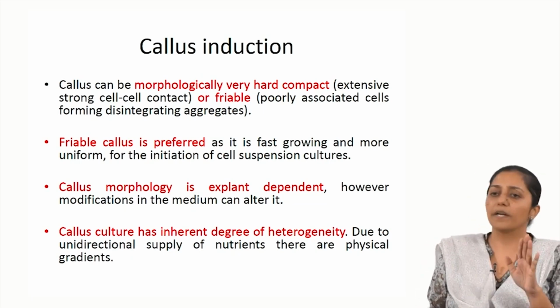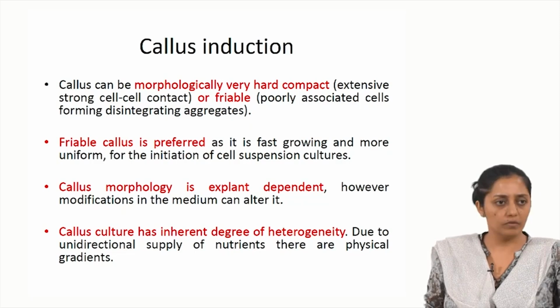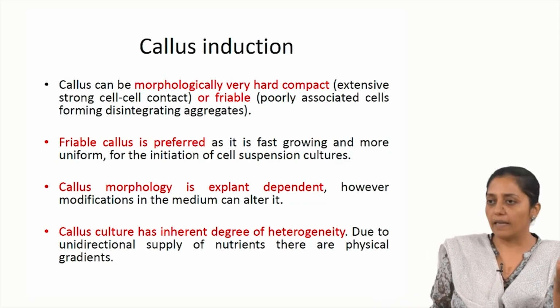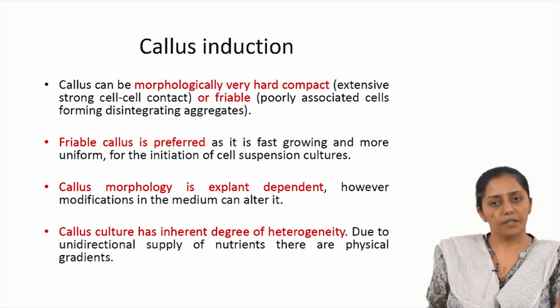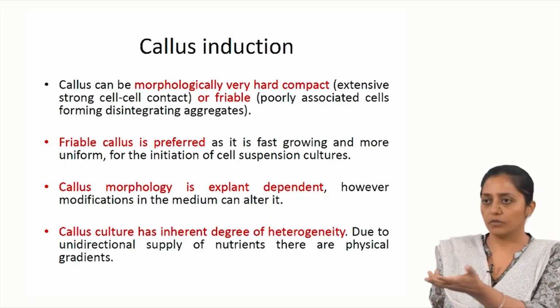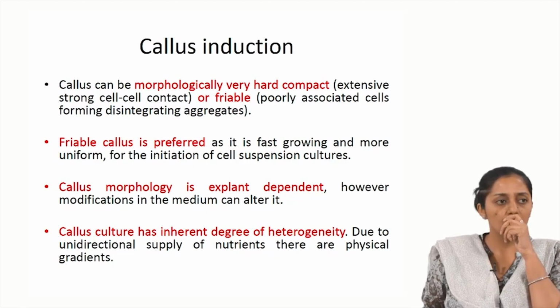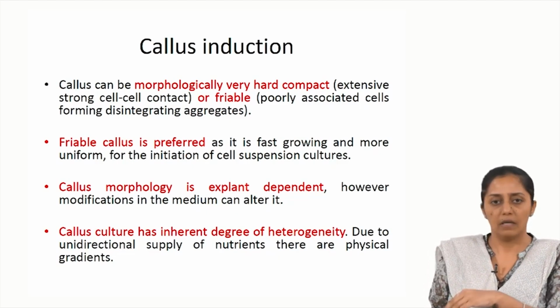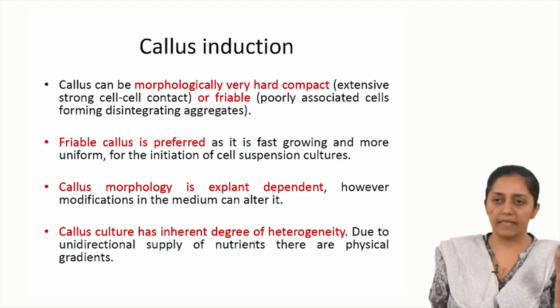If you want to exploit plant cells in vitro, you need to mass produce them, isn't it? Now, mass producing the callus, you can do it in 2 ways. You continue to divide the callus in this solidified medium. Or you disperse the cells and bring them into suspension, and then continue to divide and scale it up.